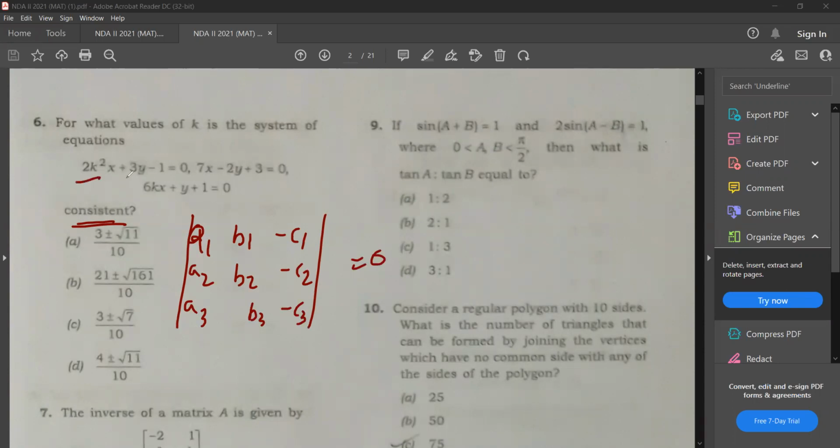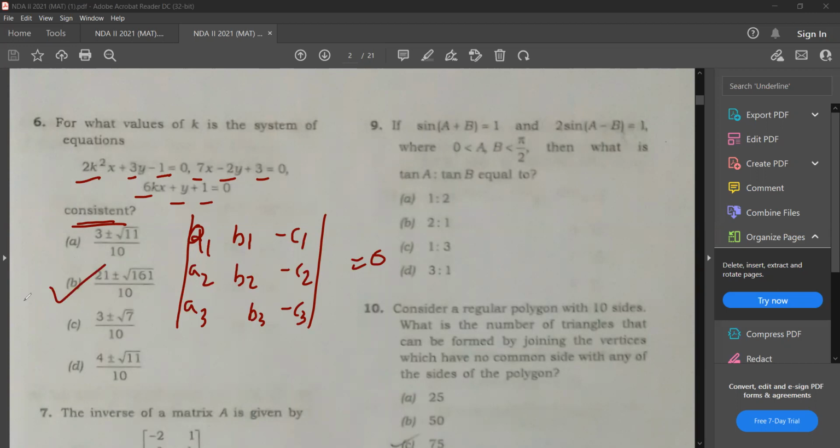Here a1 is 2k square, b1 is 3, minus c1 is minus 1. Likewise, put all these values in this determinant and equate it to 0. You'll get the value of k as option B, 21 plus or minus root of 161 by 10.